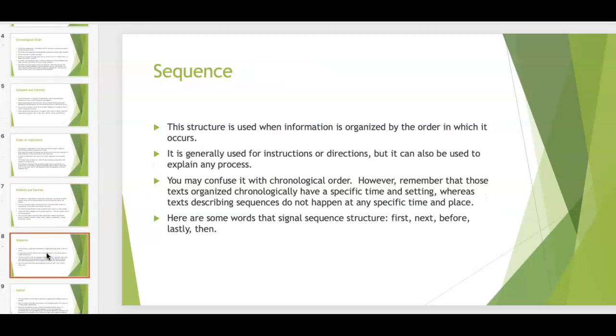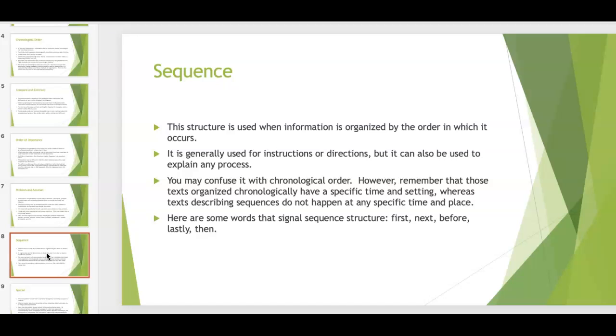The next one is sequence. In the sequence structure, it's organized by the order in which it occurs. The sequence is usually instructions or directions, like when you're lost on the highway and you stop and ask somebody how to get somewhere. They tell you go down 8th Street, take a left on 9th Street, go to 10th Street, or whatever.